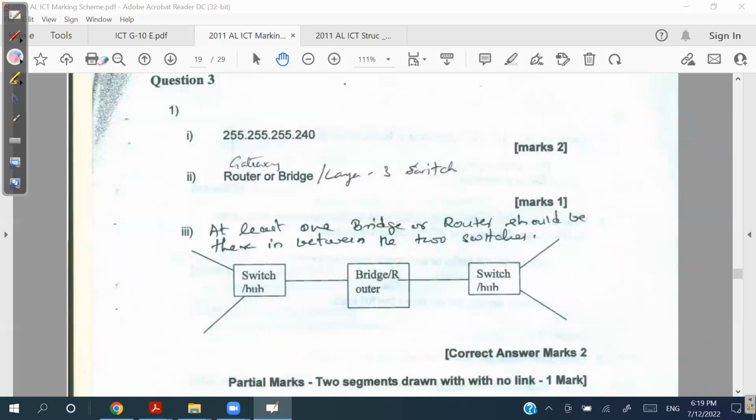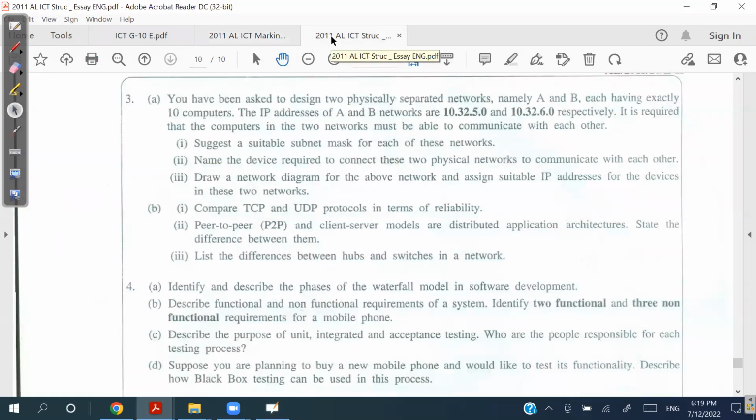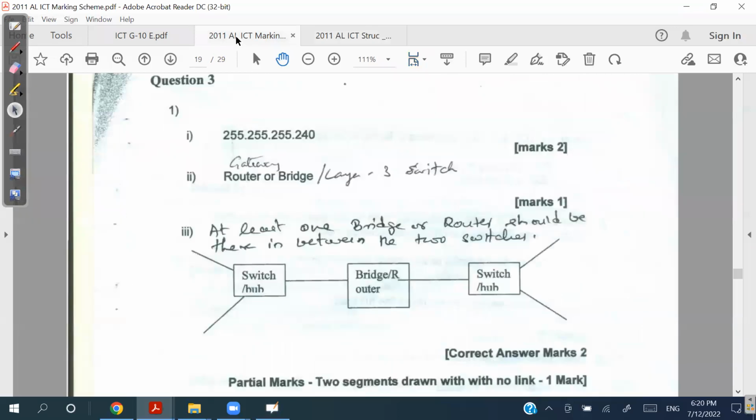Right, so then it is asking, name the device required to connect these two physical networks to communicate with each other. So it's router or bridge or gateway or layer 3 switch.